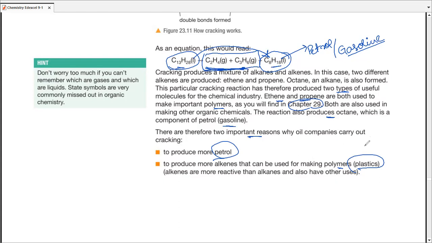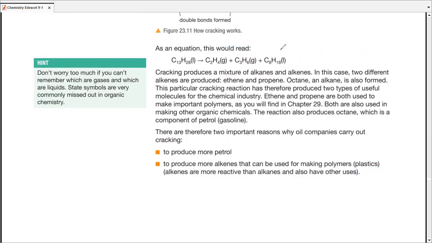So that's a pretty good way. We turned out with a pretty good equation. We converted a less useful molecule into a very profitable petrol or gasoline portion, and whatever was left was used to make plastics, and plastics are one of the most common things around the world. So yeah, that's a very good deal.